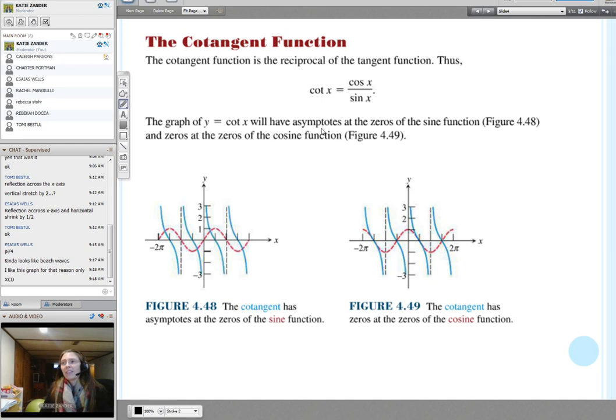So instead of having sine over cosine, now you have cosine over sine. So where your x-intercepts occur and where your vertical asymptotes occur are flips, essentially. Your vertical asymptotes are occurring where sine of x is going to equal 0, right? Because that's the denominator of your fraction. And your x-intercepts are occurring where cosine of x equals 0, because that's the numerator of your fraction.